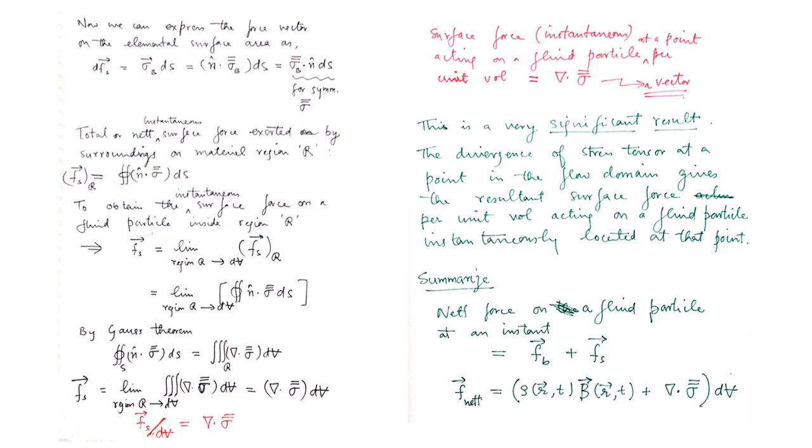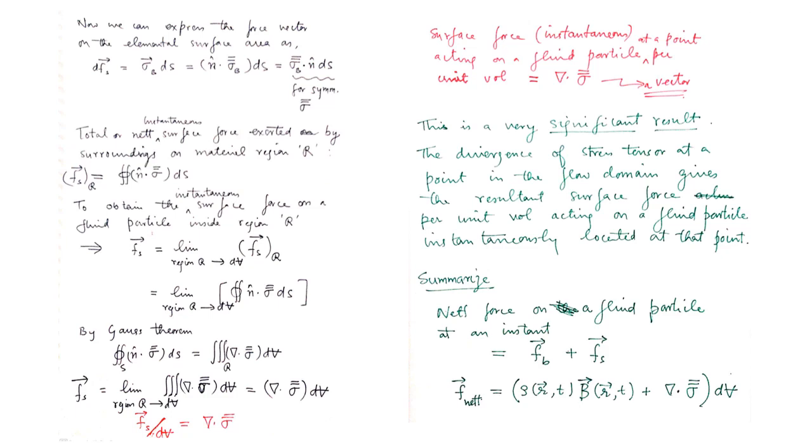So simply, the divergence of the stress tensor at a point gives you the surface force acting on a fluid particle instantaneously residing at that point per unit volume. This is the meaning of the divergence of the stress tensor.